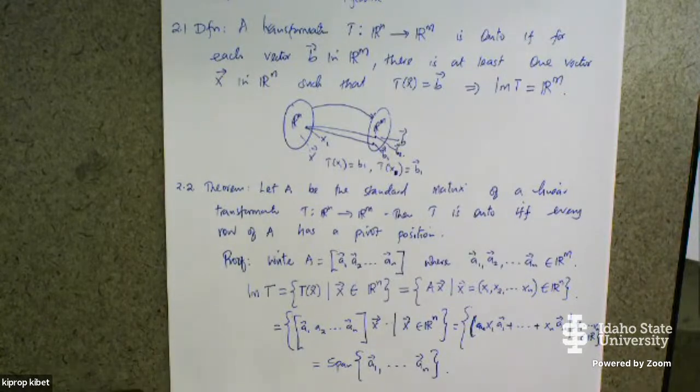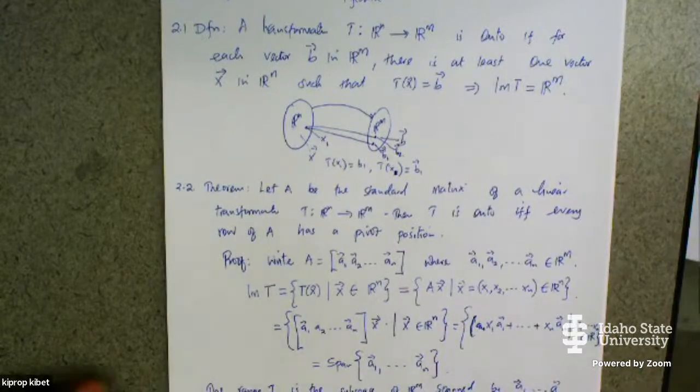So therefore, the range of T is the subspace of Rm spanned by A1 all the way to An. And that's it. That is how you can prove that.